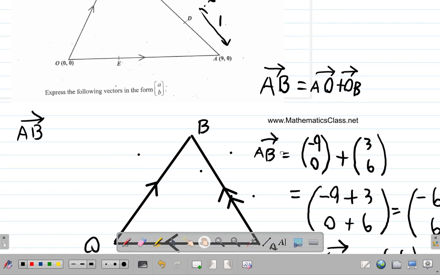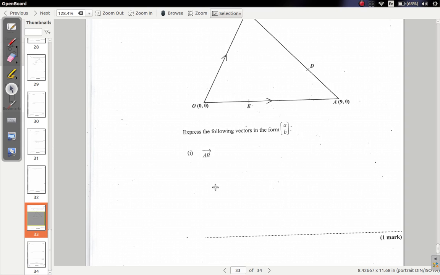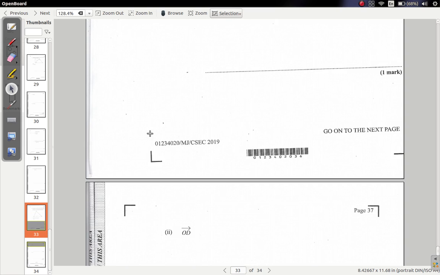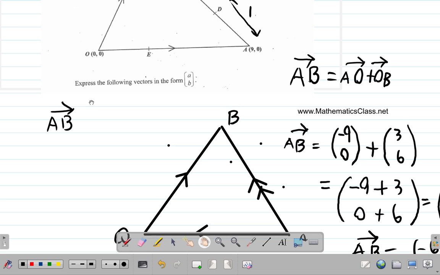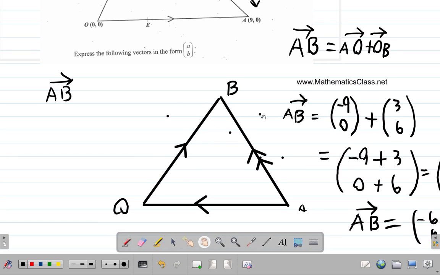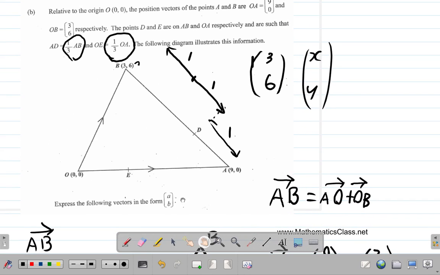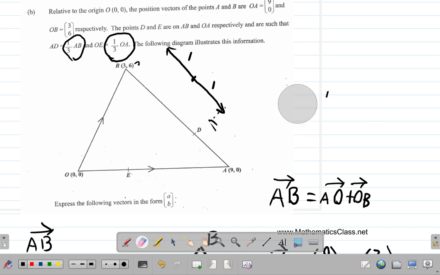Now, the next part of the question. OD. I'm going to erase some of the working here. We know that AB is -6, 6. Let me make a note of it up here. AB equals -6, 6.